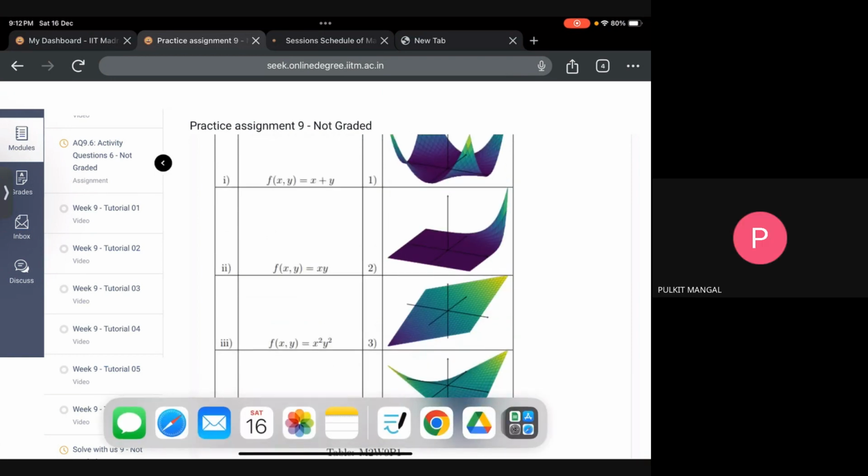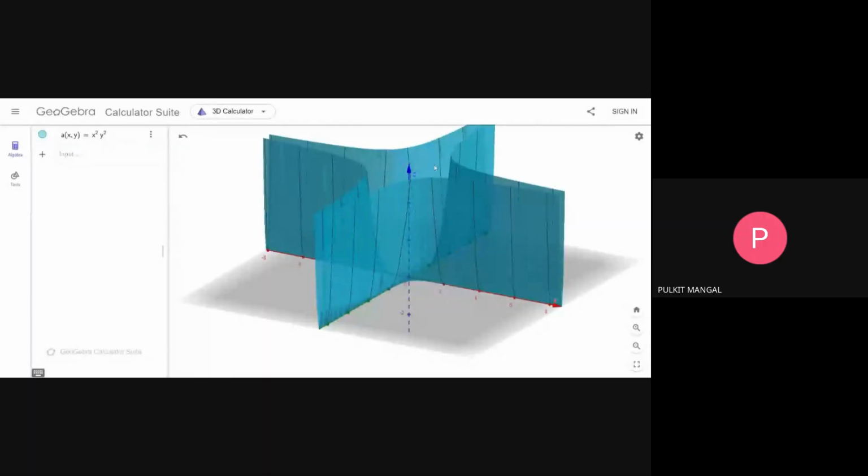Okay, let's see it in GeoGebra. X square y square. Is my screen visible?